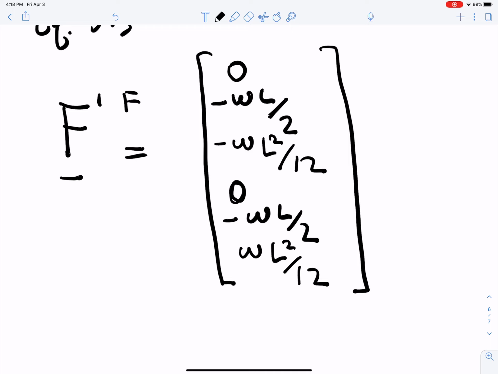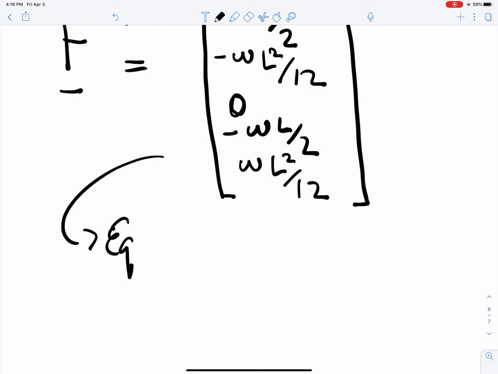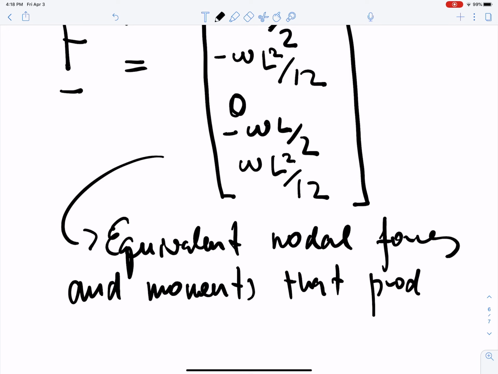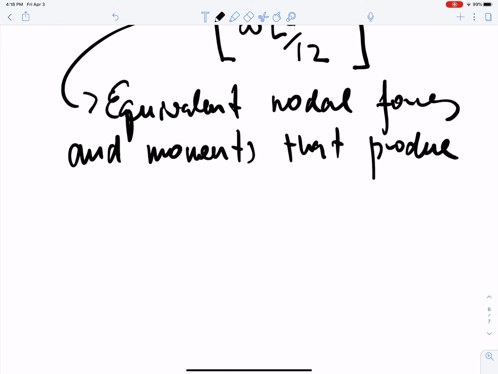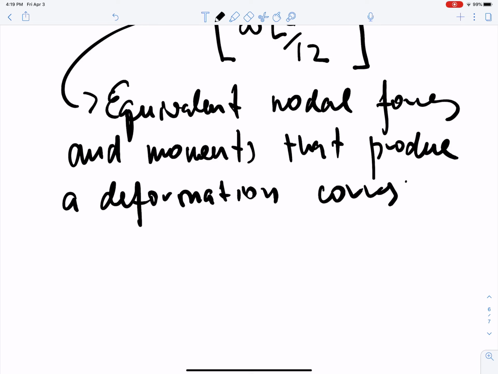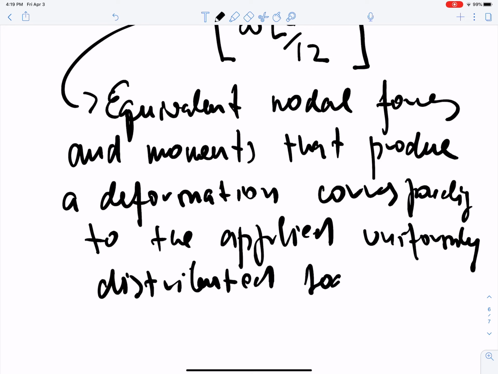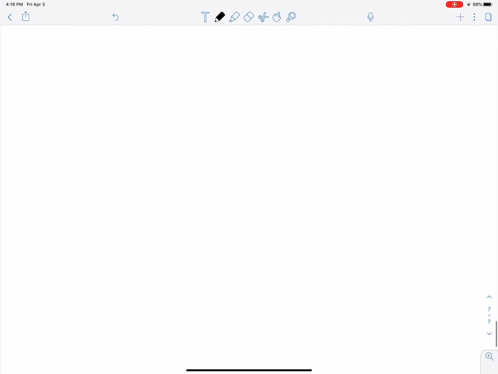Okay, so basically these are the equivalent nodal forces and moments that produce a deformation corresponding to the applied uniformly distributed load. Okay, so what happens next?